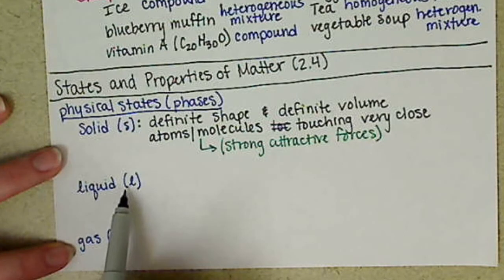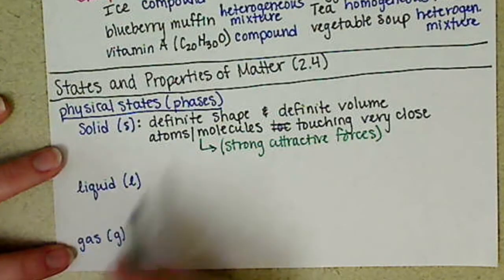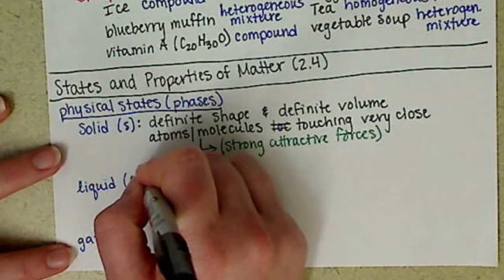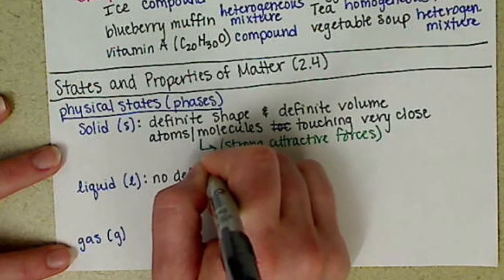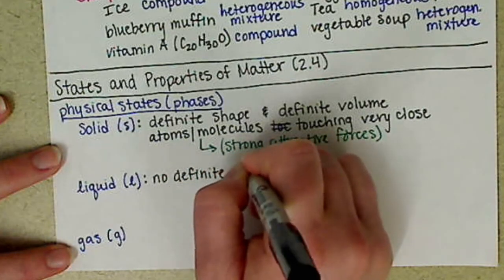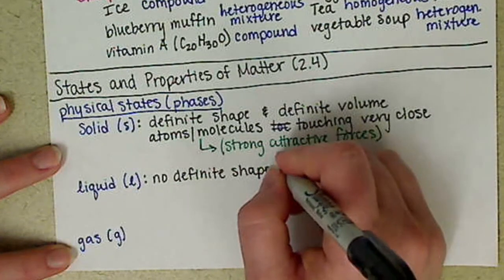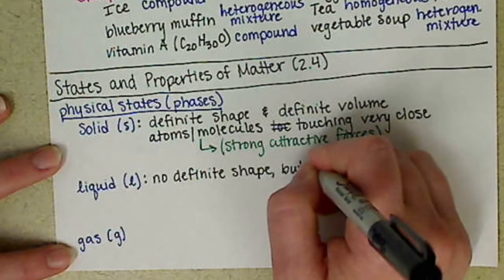Our liquid has some similar properties to a solid. One of the things where it differs is it's not going to have a definite shape. So no definite shape, but it will have a definite volume.